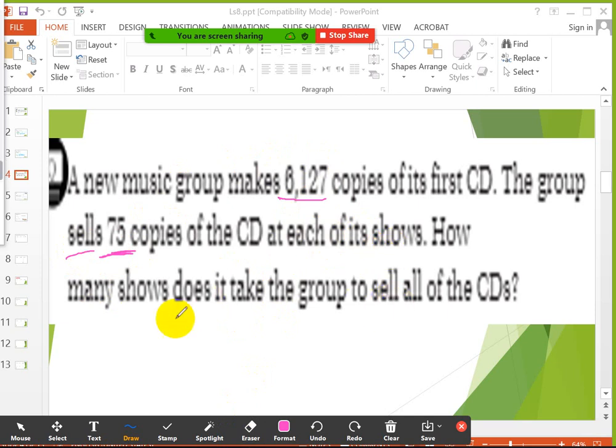So I will know the number of shows that they have to do to sell all the CDs. Okay?